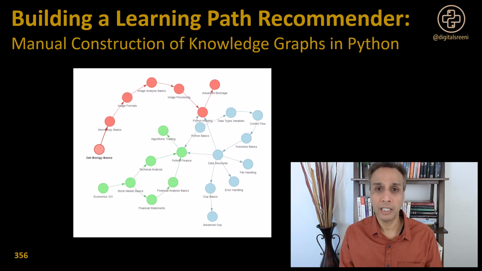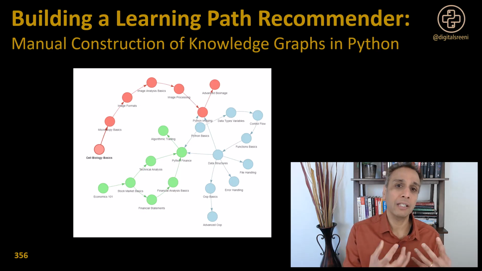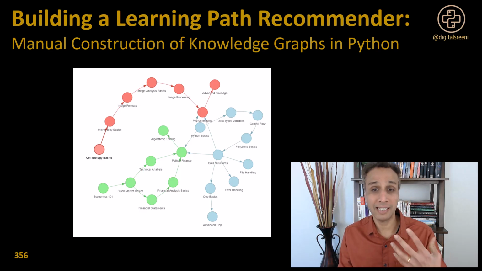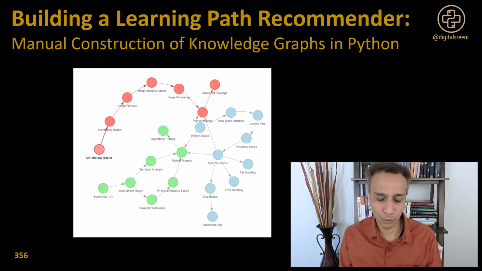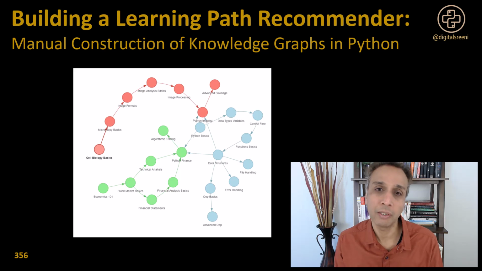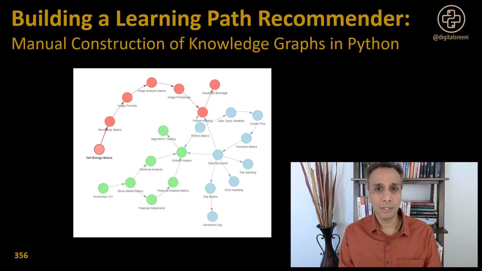To connect each of these nodes, let's say 400 nodes, 400 videos, in a logical way takes a lot of your effort and time, and it's probably not even practical in some scenarios. So we are going to use natural language processing to extract the semantic meaning from some of these and assign that to these nodes and edges and try to connect them in an automated way. I bet you find that exciting, interesting.